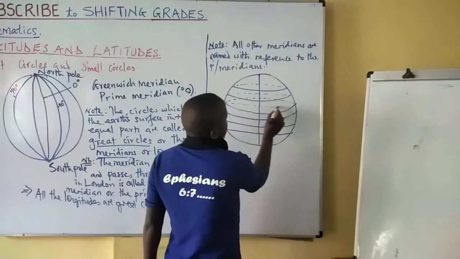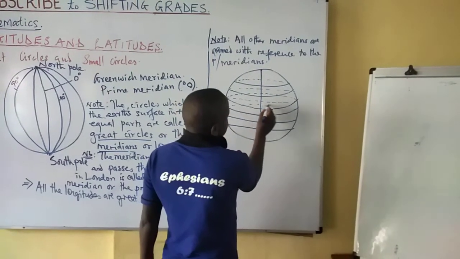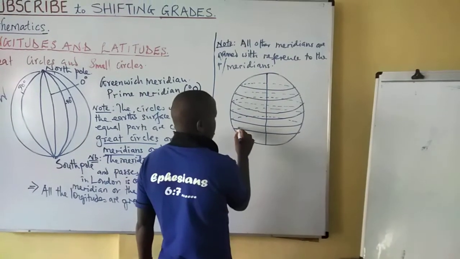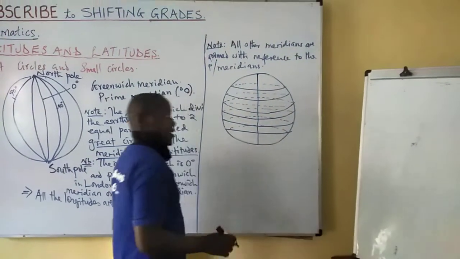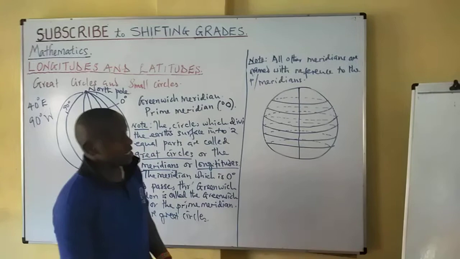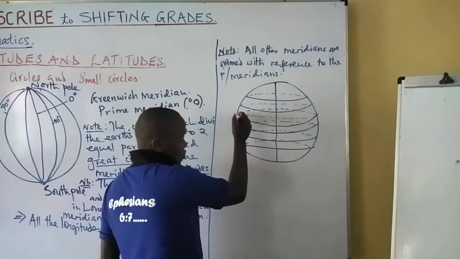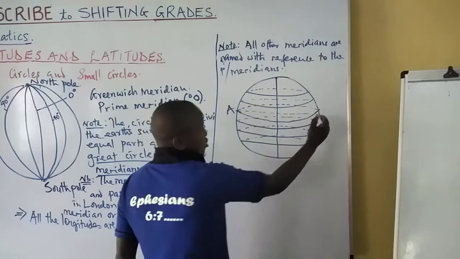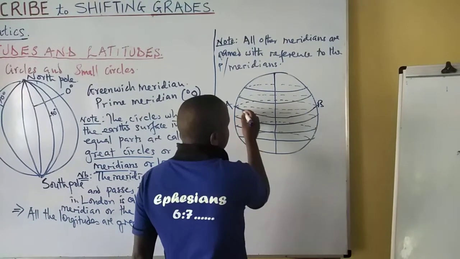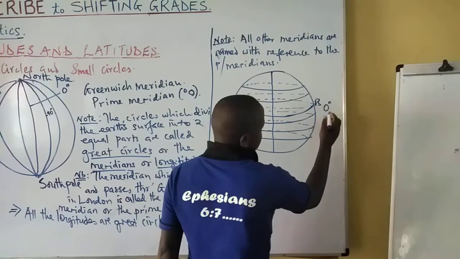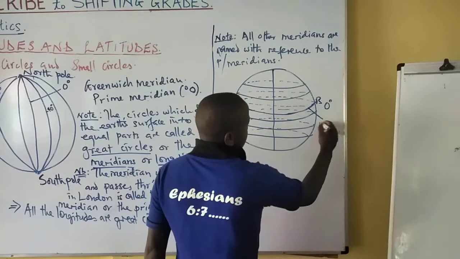So you find we have these particular lines now, which are, yes, dividing the Earth's surface, but they are not dividing it into 2 equal parts, except this line, which is cutting at the center from A to B, and we call it 0 degrees, and its name is equator.